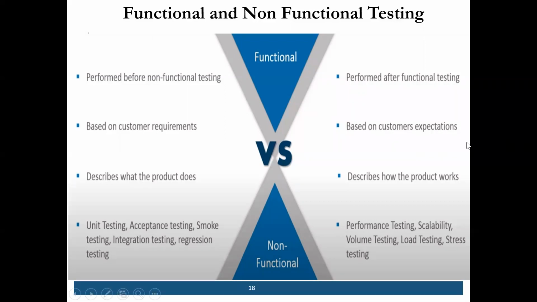That is the expectation, not the requirement. It is not written in the requirement, but they still expect that if you have created a Facebook login page, all the users are able to log into the same application simultaneously. It is not given in the requirement, but still they expect it.